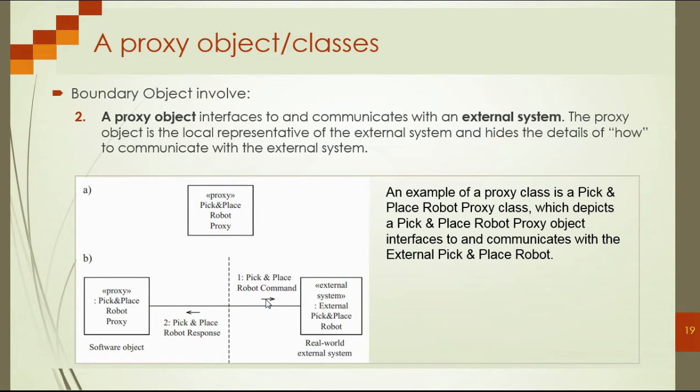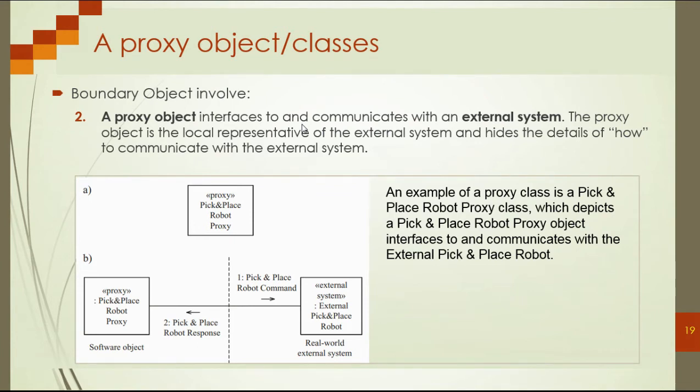The second boundary object is the proxy object. Okay, so what's the proxy? A proxy is also an interface object. It's a software object that interfaces and communicates with the external system.